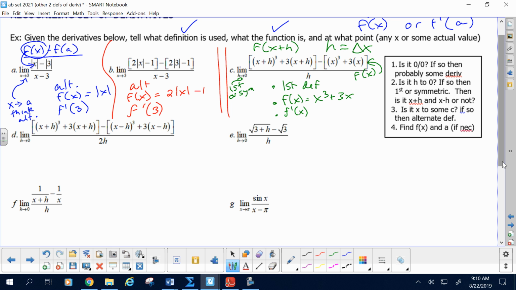Ready? Which definition? Symmetric, excellent. What's the function? X cubed plus 3. I must have done a little cut and paste in here. And is it at a point or at any x? Try the next one.